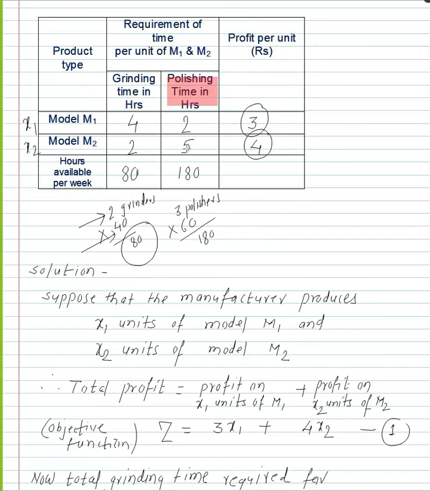Each model M1 requires 2 hours of polishing. So x1 units of M1 will require 2 into x1 hours of polishing.